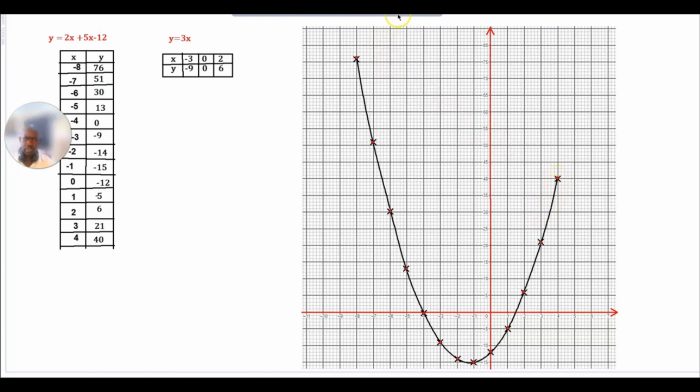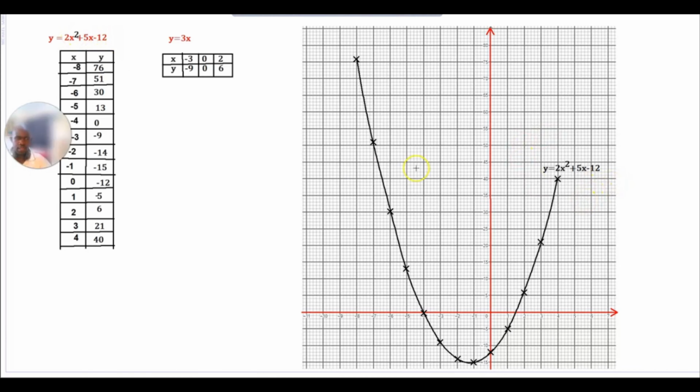So that is it. That is the graph of y is equal to 2x squared plus 5x minus 12. So you have a square here.